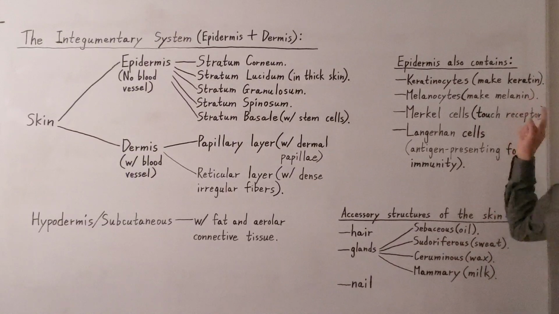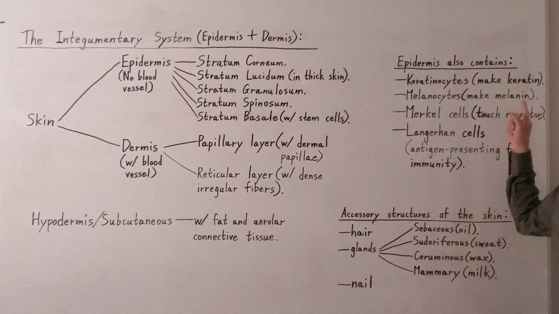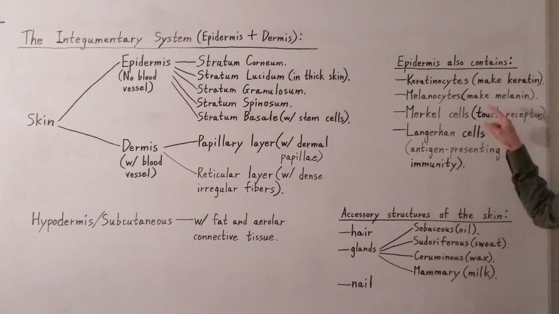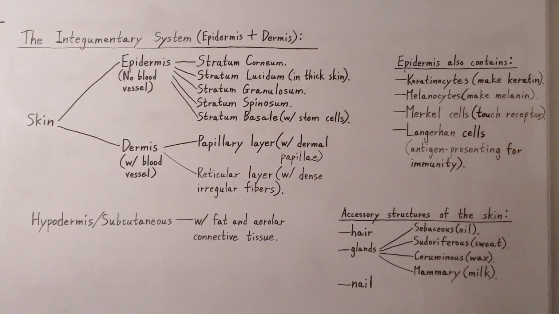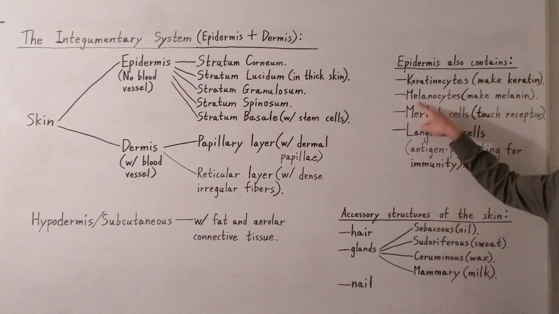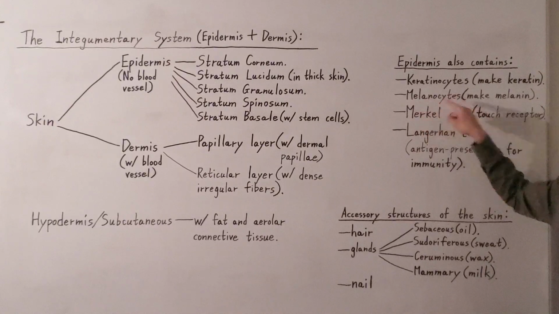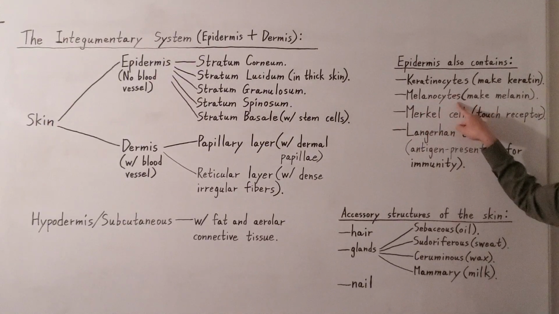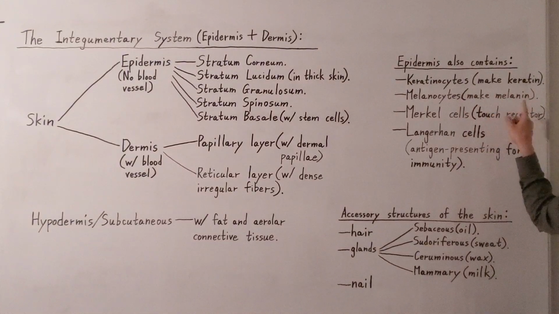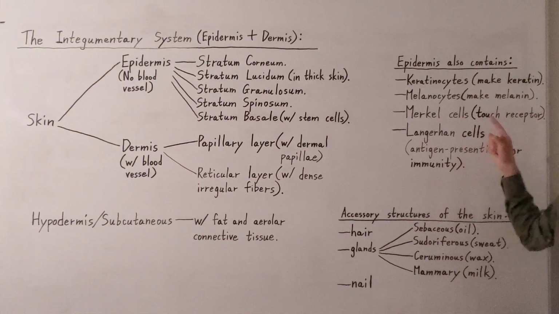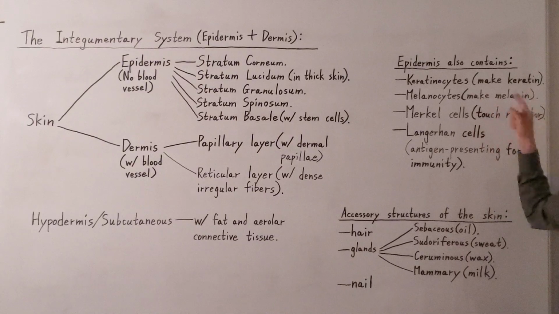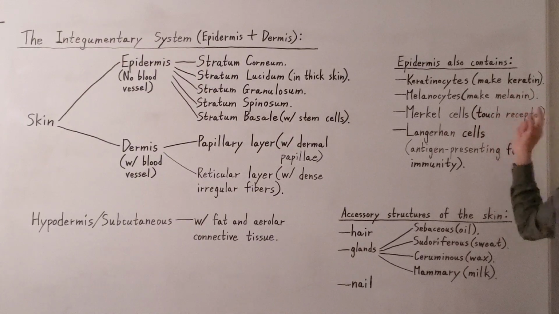Keratin is a tough protein that protects the skin and also repels water. Then melanocytes are a type of cell that make melanin, and melanin is a type of pigment that absorbs UV light and also protects the skin.